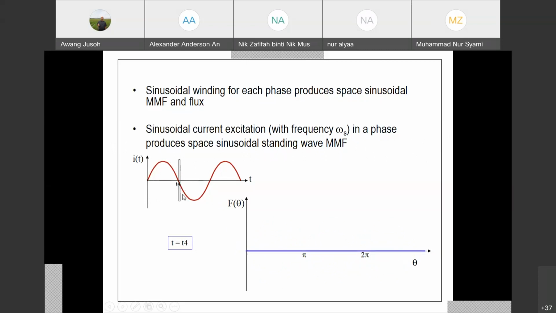Then when the current reverses, or dot notation, this is a cross with dot, then we get negative half. You see the reverse now, and maximum, and so on. Half again and 0 again.